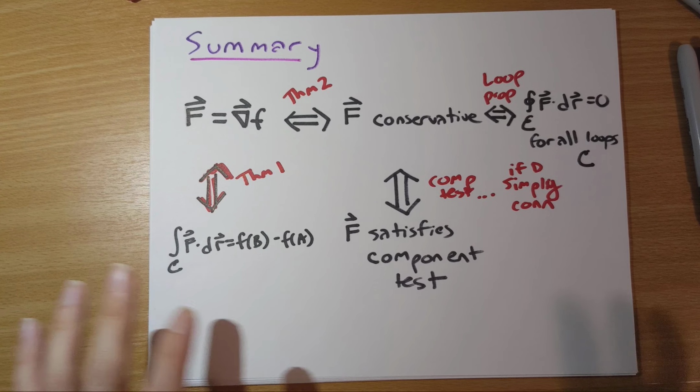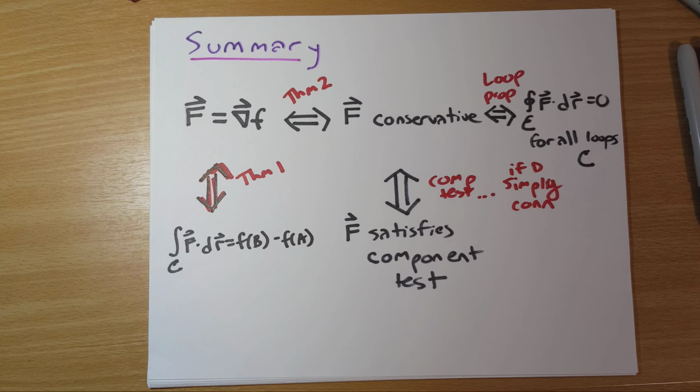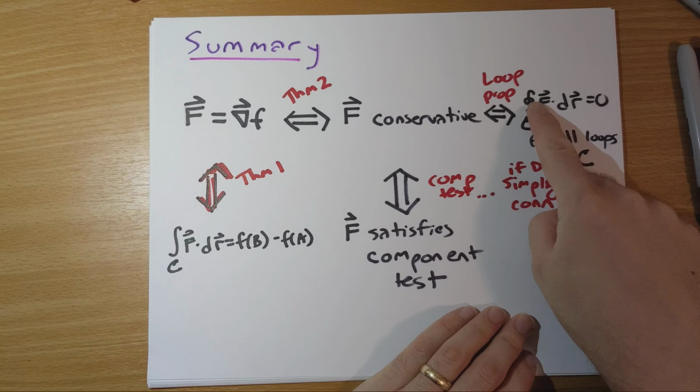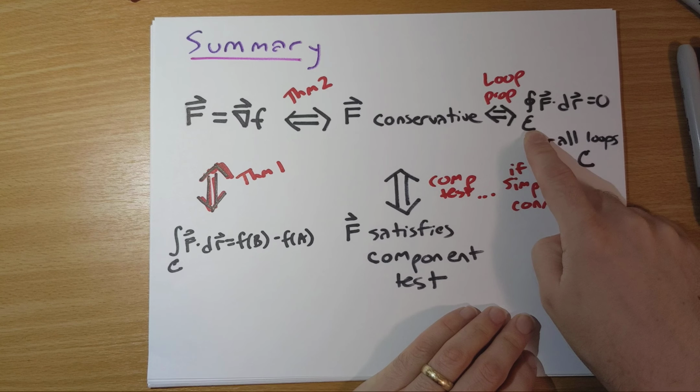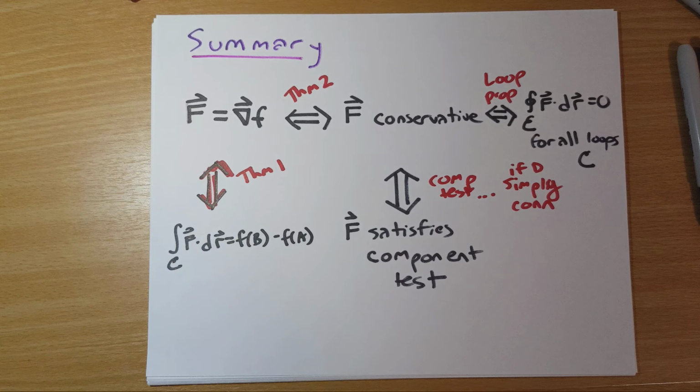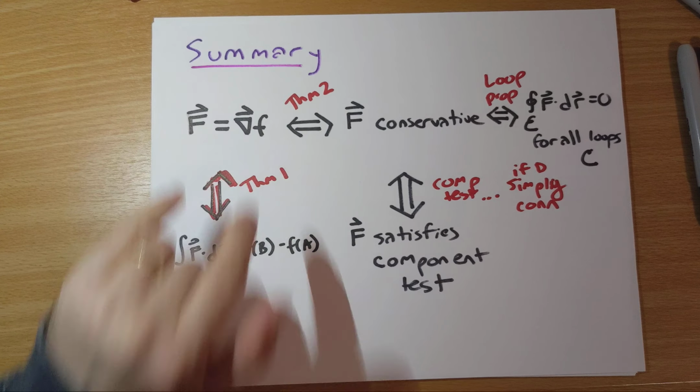Okay, so just be aware that I can ask you different parts here. If I tell you that I have a vector field F that has the property that the integral around any closed loop C gives you 0, well, you know F must have a potential function.